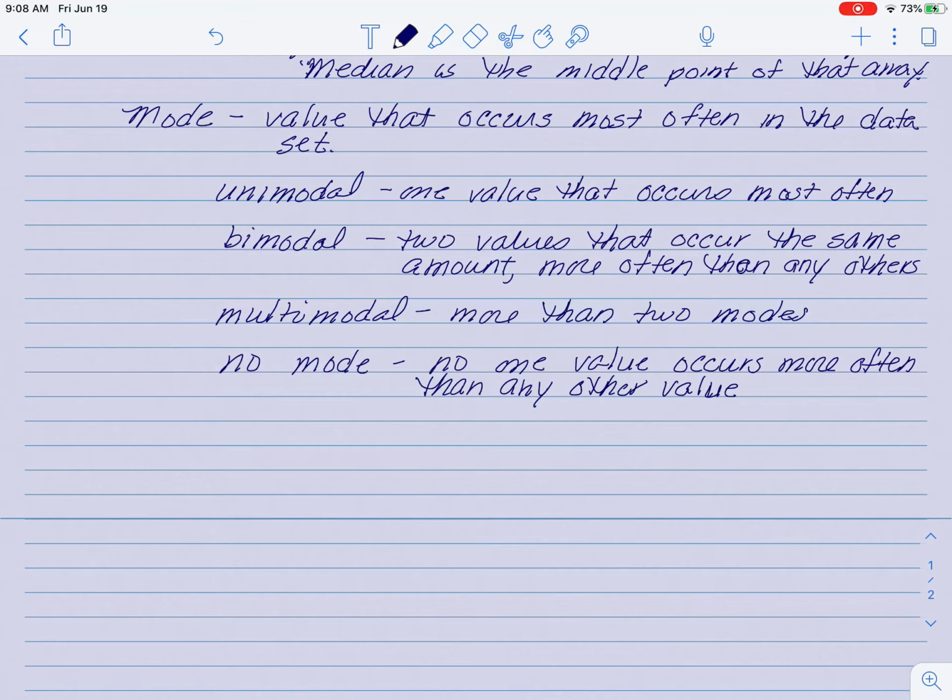And then the last thing that we're going to talk about before we do an example is the mid-range. The mid-range is a really rough estimate of the center of the data.